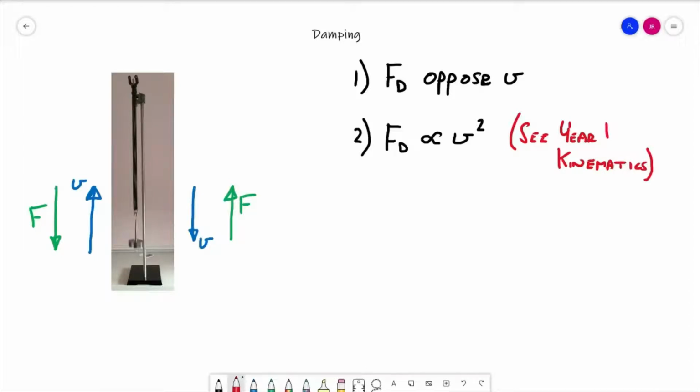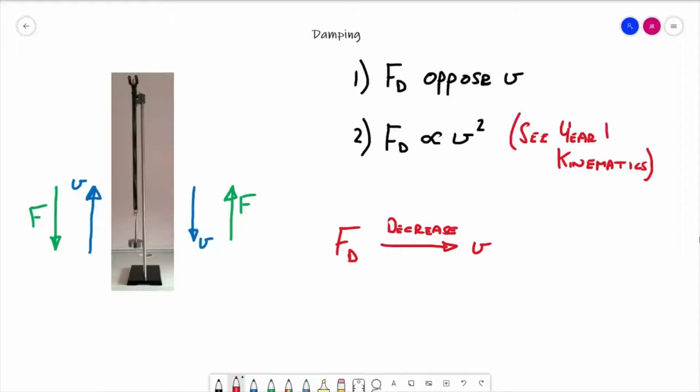Now, when we combine these two ideas together, we end up with a little bit of a cyclic argument. The effect that the damping force has on the velocity is that it will act to decrease it, because it's acting in the opposite direction.